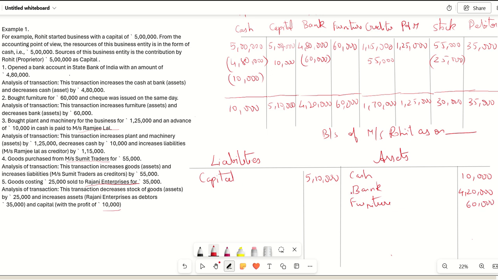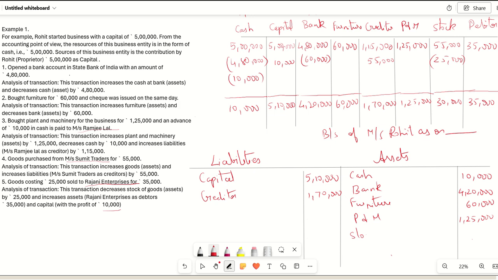Then you have the creditor, it will come to the liability side, which is 1,70,000. Then you have plant and machinery. Please don't use short forms in your exams. I'm just using it to ease my writing. So you better write everything in detail.